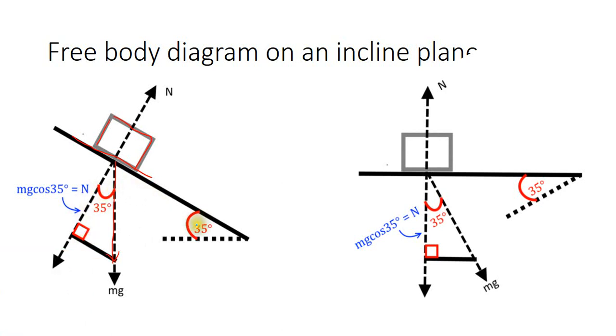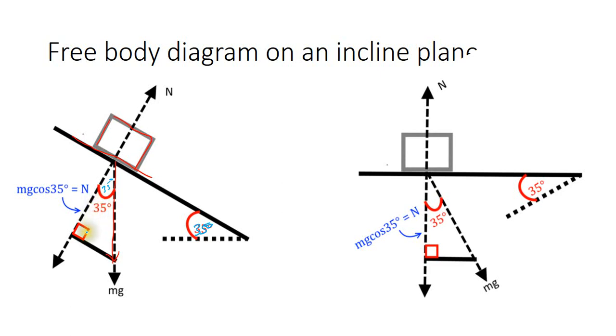Let's look at it now. Whenever we look at an incline problem of this nature and we see an angle right here, this 35 degrees is going to be the same angle in between here, always. This was proved from some mathematical laws of angles, but we don't really want to focus on that.